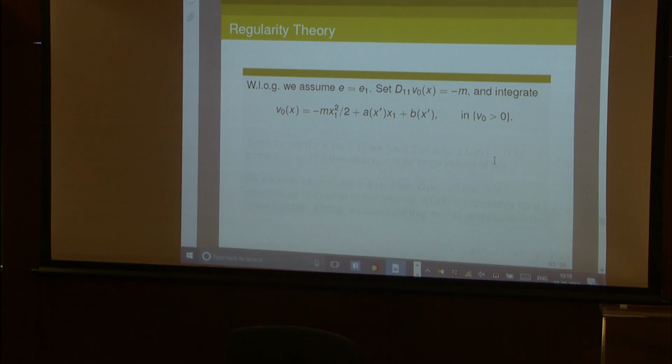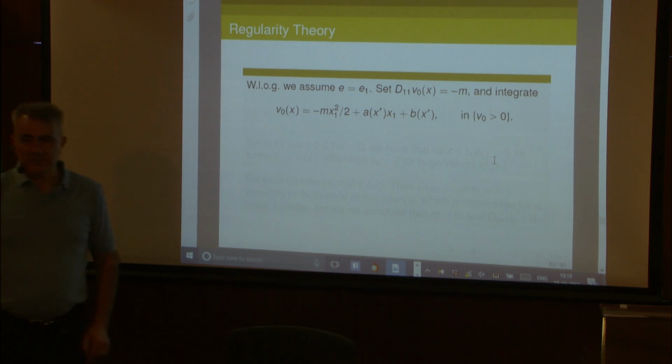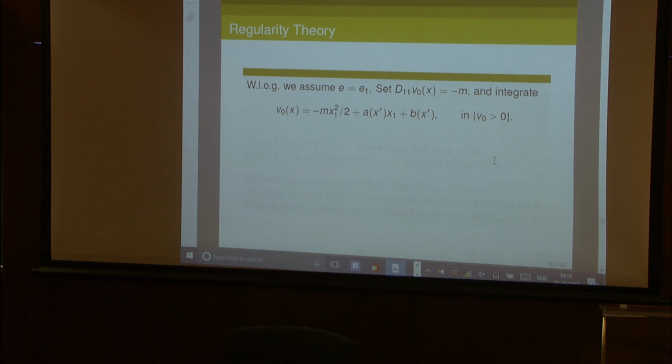It's x2, x3, etc. So the first integration gives you d1 of v0 is minus m x1 plus a function depending on the other directions. Agree? I don't know what a is, I don't care. I only know it doesn't depend on x1. Again, integrate. And this will be x1 squared here, plus another function b of x prime. Okay? I'm not doing anything but calculus 1. So this is the picture, and this holds everywhere in this connected component omega 0.